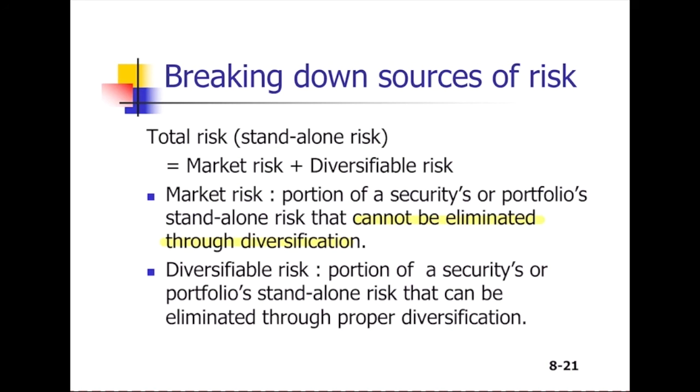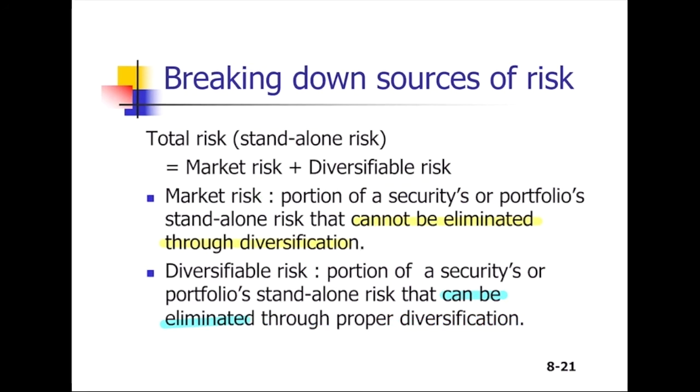It is the portion of the security's or portfolio's standard risk that can be eliminated through proper diversification. So there are two types of risk when we construct a portfolio.